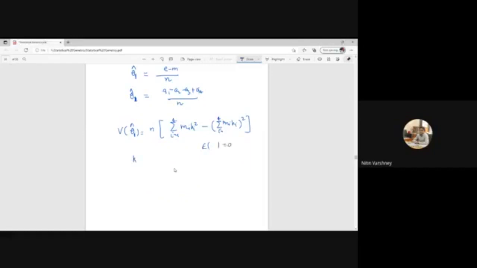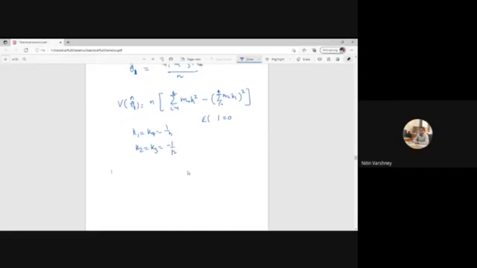To make the expectation 0, we take k1 equal to k4 equal to 1 by n, just like in the chi-square calculation earlier, and k2 equal to k3 equal to minus 1 by n.